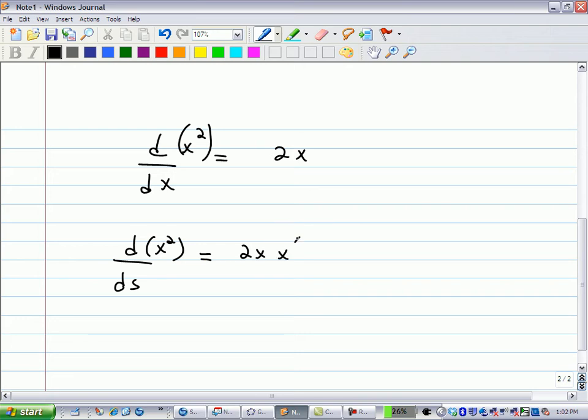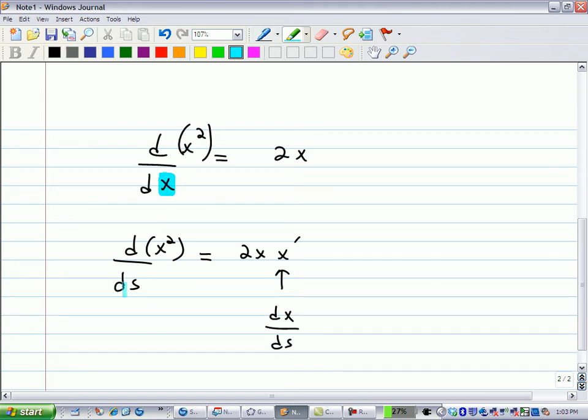2x x prime. And another way to write x prime would be dx/ds. So when you're writing out an equivalent, you don't have to worry about the top, what is changing? You want to pay attention to what you're taking the derivative with respect to.